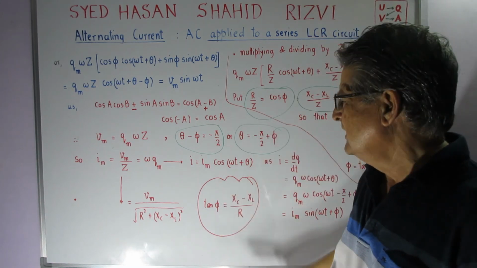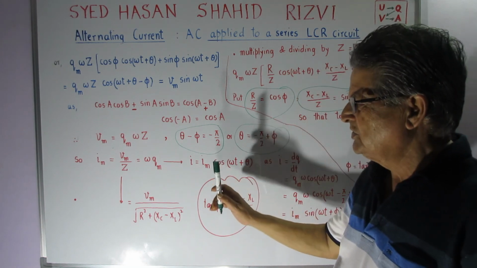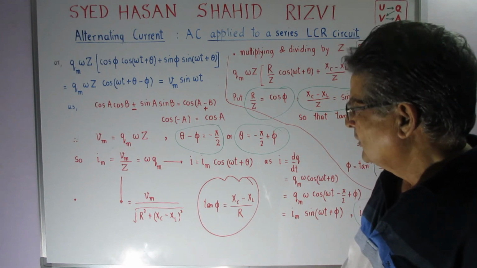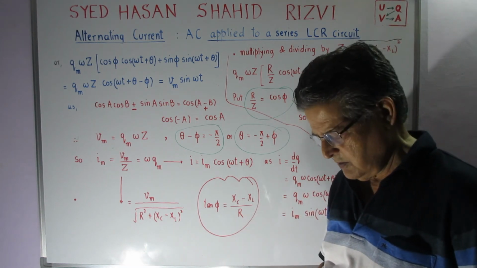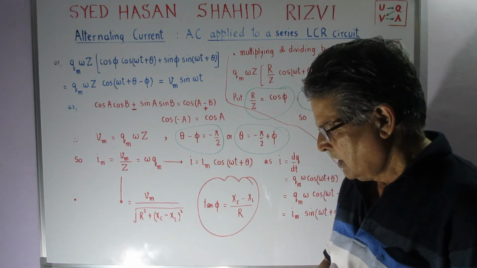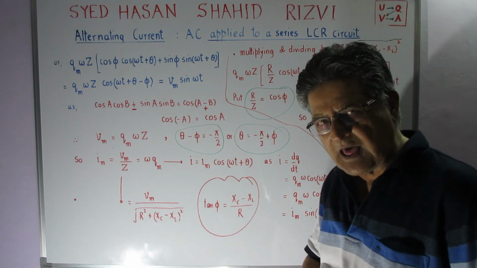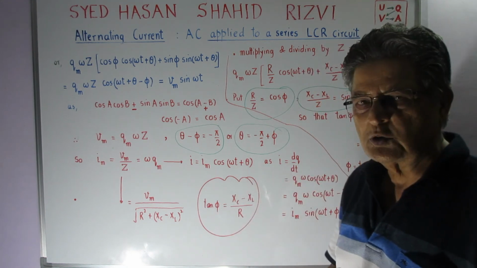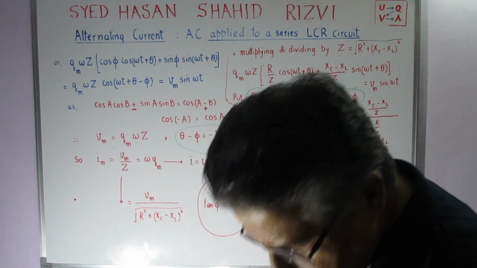But it's lengthy. You can do it once or twice, but for the sake of solving your questions, just draw the VI curves, that is the phasors, and determine the value of the lead or lag, and you can obtain the results in the manner that I told you before.